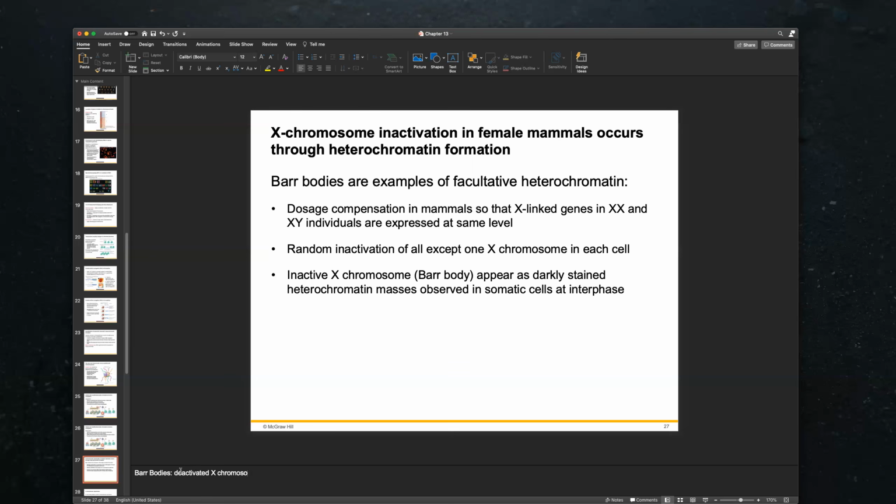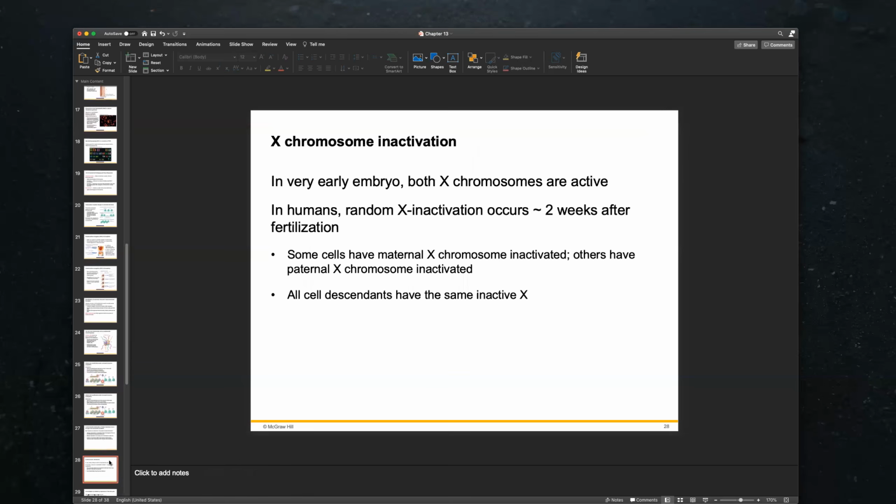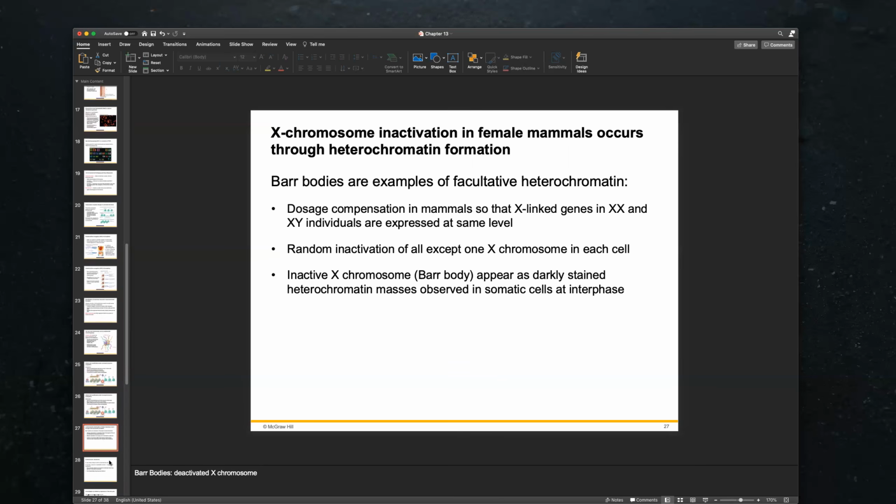And this happens in individual cells. Random inactivation for all except one X chromosome in each cell. The inactive X chromosome, called a Barr body, appears as darkly stained heterochromatin masses when you observe somatic cells in interphase.